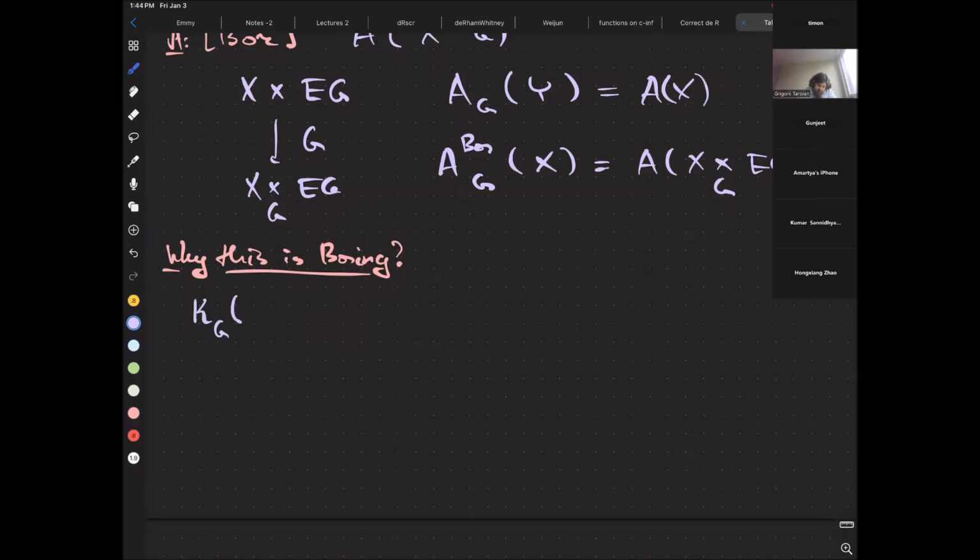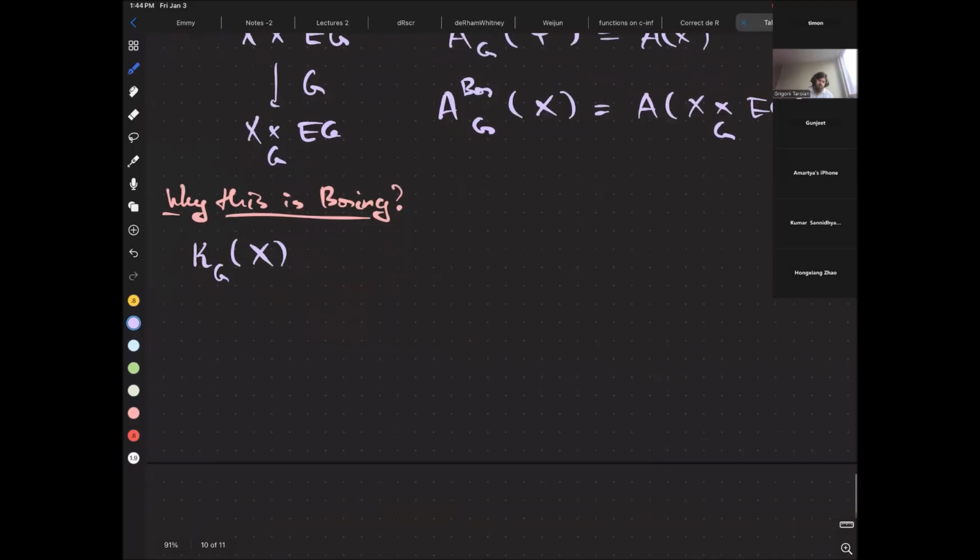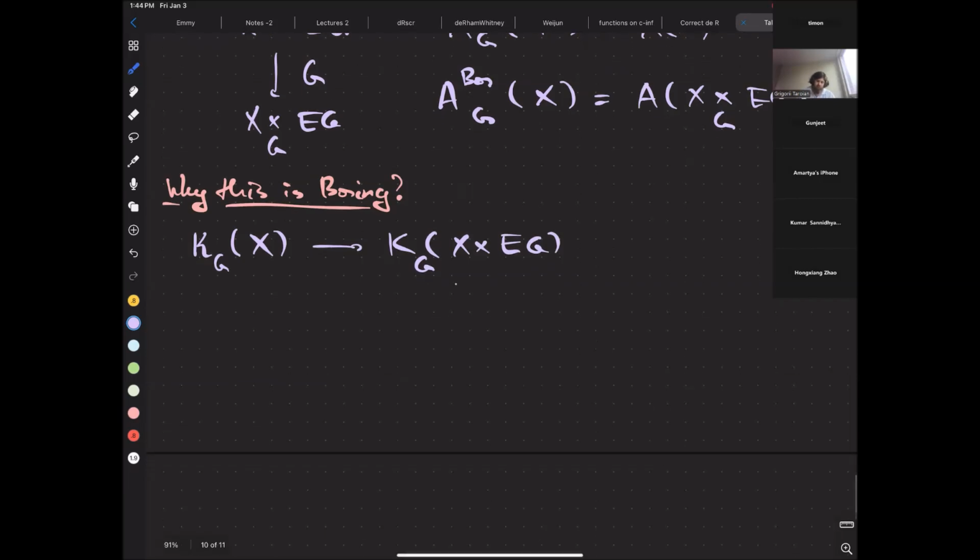So let's consider an example. Here you have just genuine equivariant K theory where you have bundles which are equivariant, you do K theory with them. And then you have the following thing. You get a map into this X times EG, which comes from the projection to the first coordinate.